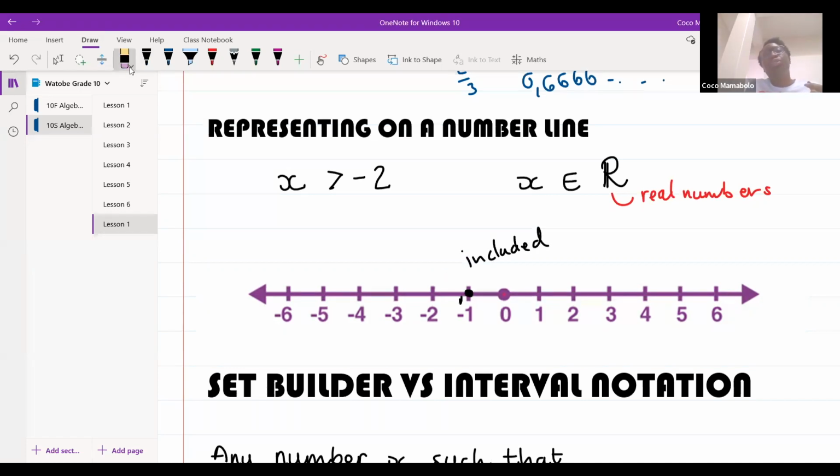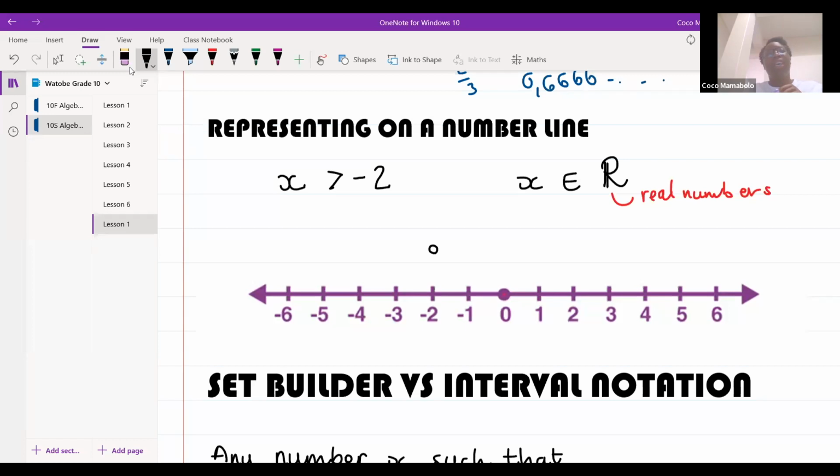So what we need to do is draw a dot right above -2. That's it, -1,9, or even -1,99, or -1,999, or -1,99999. Everything right before -2. So we're going to draw an open dot right above -2.